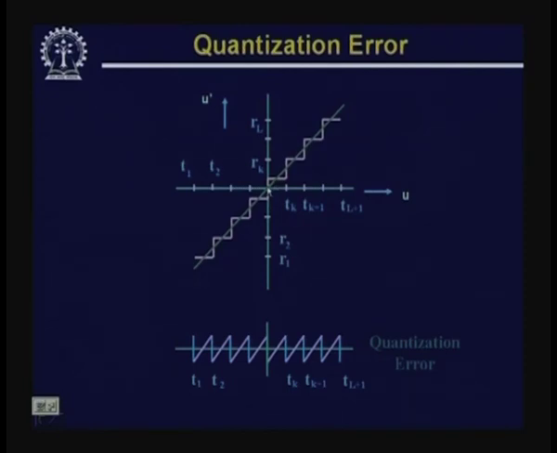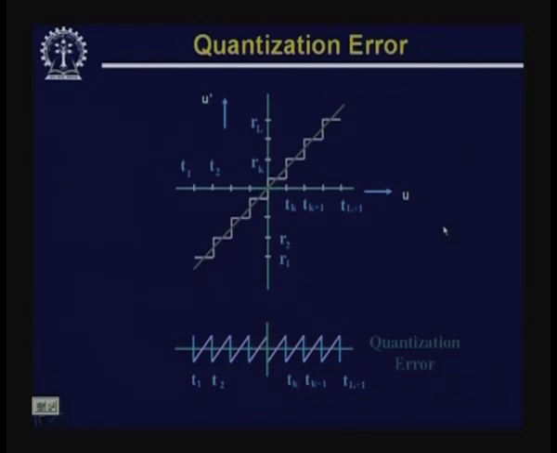At this point the error will be maximum and negative, which will keep on reducing. At this point it is going to be 0, and beyond this point again it is going to increase. If I plot this quantization error, the plot will be something like this between every transition level. Between T 1 and T 2 the error varies like this, between T 2 and T 3 the error continuously increases, between T 3 and T 4 the error continuously increases, and so on.